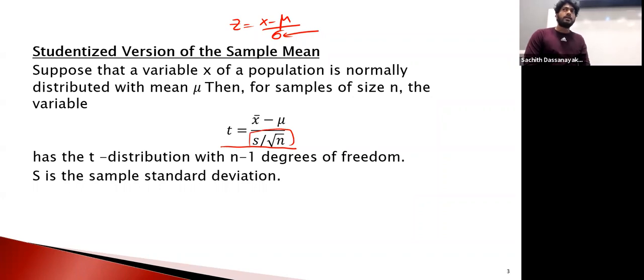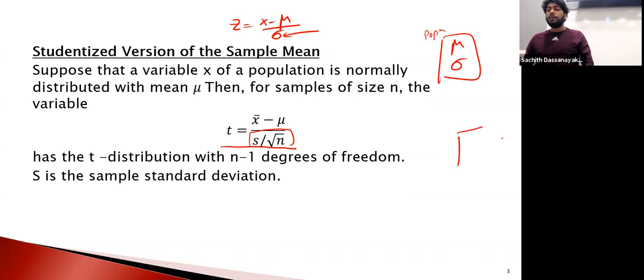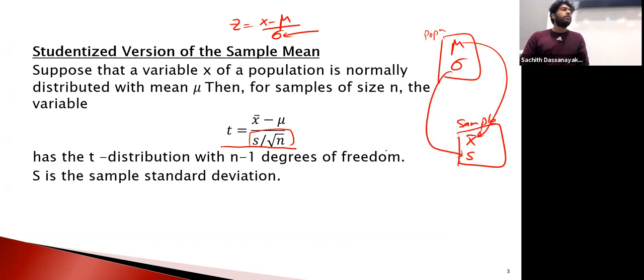For the population, you consider the parameters mu and sigma; for the sample, the sample values x bar and S. So you can map this to this one, and this to this one. That's why we use S over square root of n.